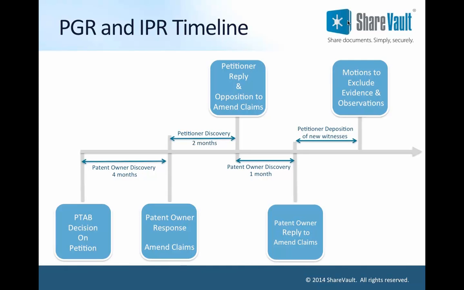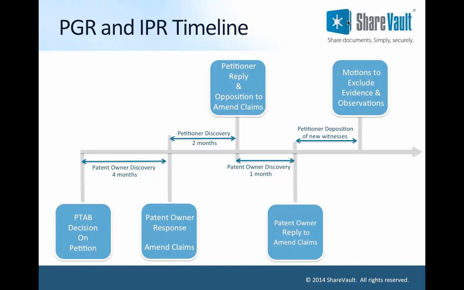And basically what happens is that after the PTAB makes a decision, I'm sorry, assuming they make a decision to go forward with the petition, the patent owner gets an opportunity to respond and amend the claims. In between those two events, the patent owner has discovery for 4 months. And after the patent owner files a response, the petitioner has an opportunity for discovery.